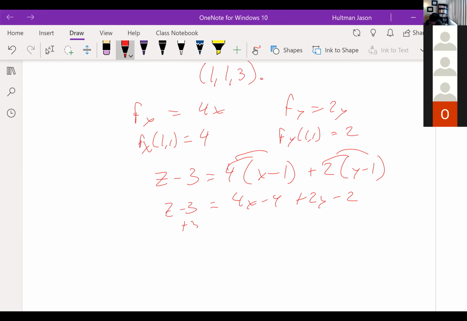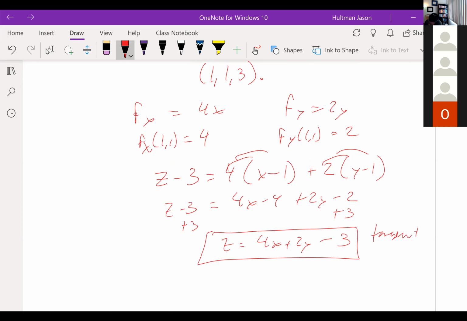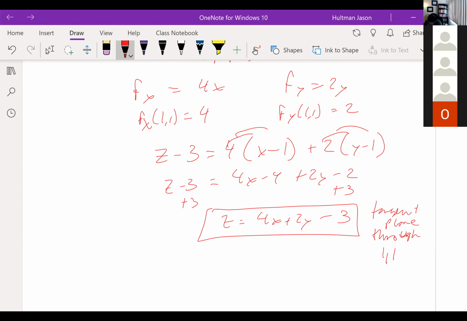So if I add 3, we get 1, negative 3. So this is going to be z equals 4x plus 2y minus 3, right? And that's my tangent plane through 1, 1, 3.